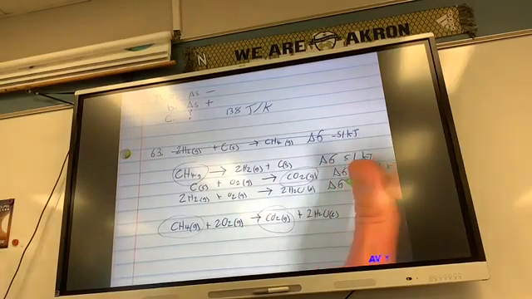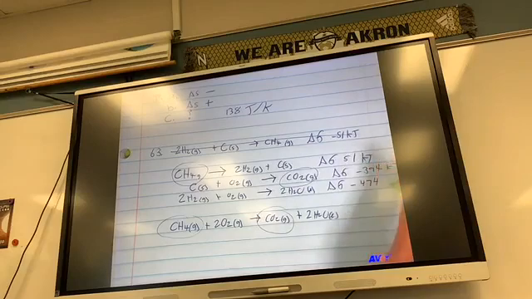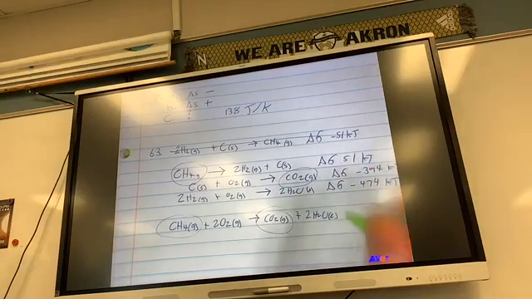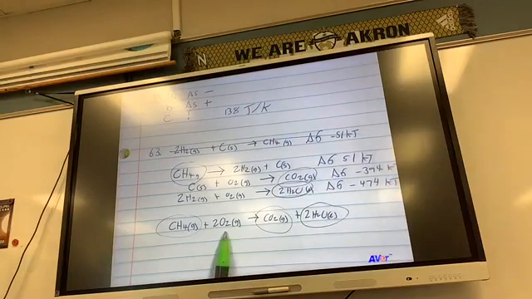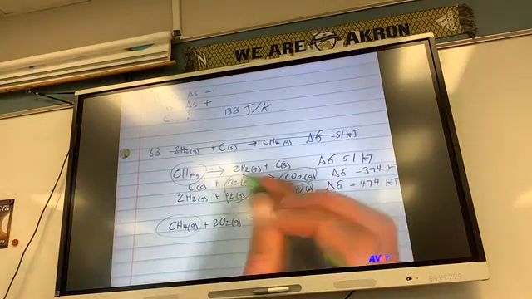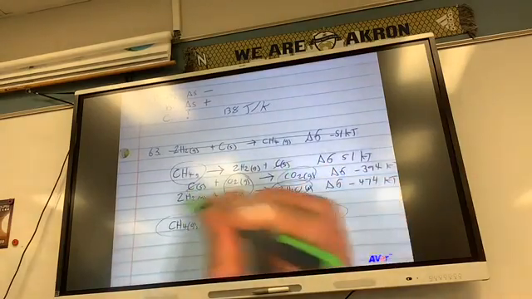And that gets a delta G of negative 474 kilojoules. So I have my 2H2O liquid. What about my 2O2? Well, what's 1O2 plus 1O2? 2. My carbon cancels out, my H2 cancels out.